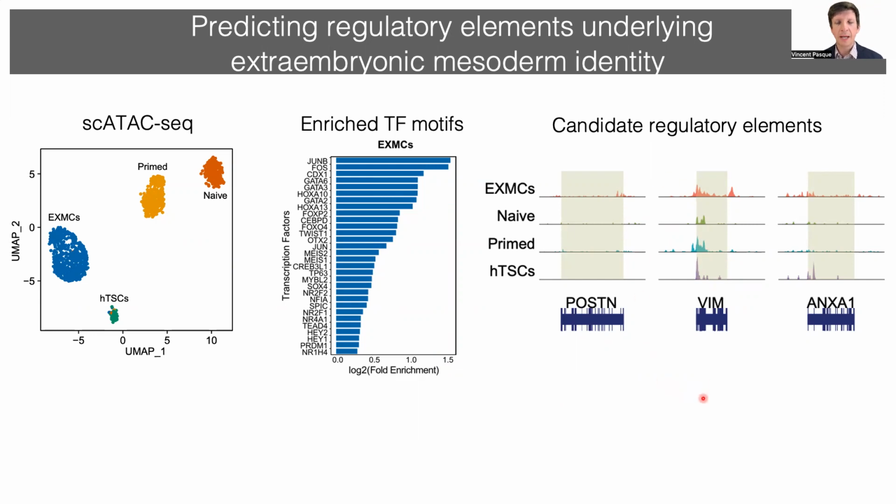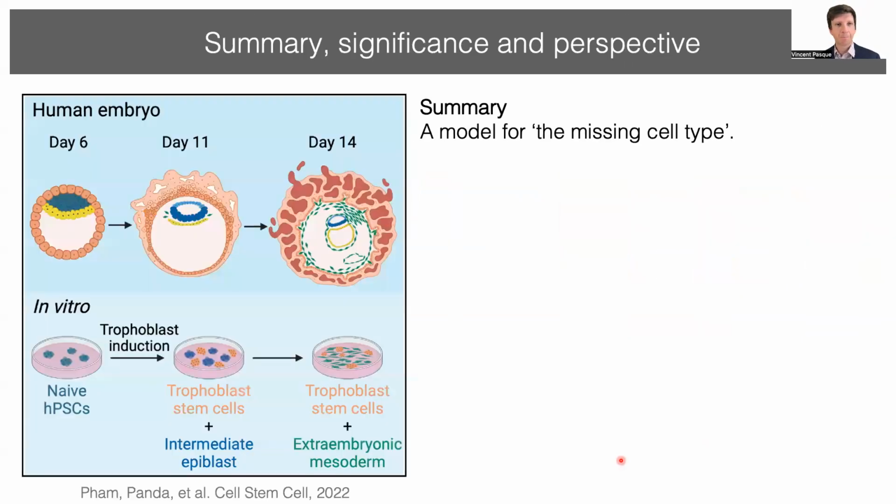We also identified candidate regulatory elements. We know that disease variants are enriched at cis-regulatory elements, and so we like to think that the cis-regulatory elements active in extraembryonic mesoderm cells might be enriched for disease variants related to infertility.